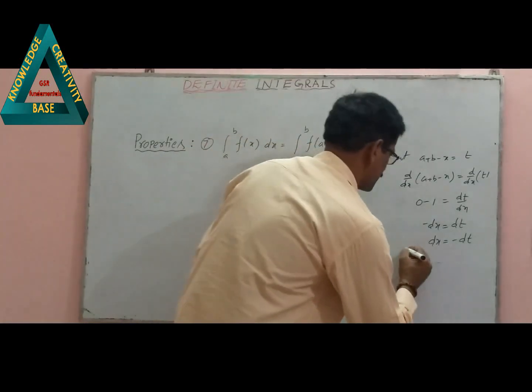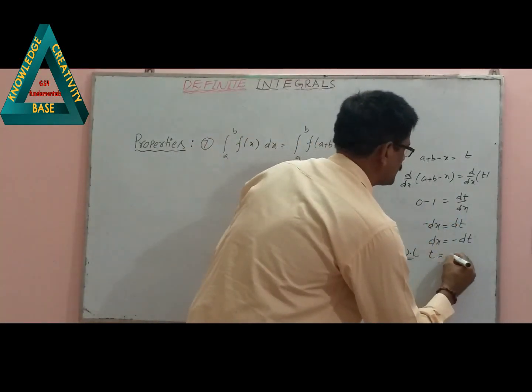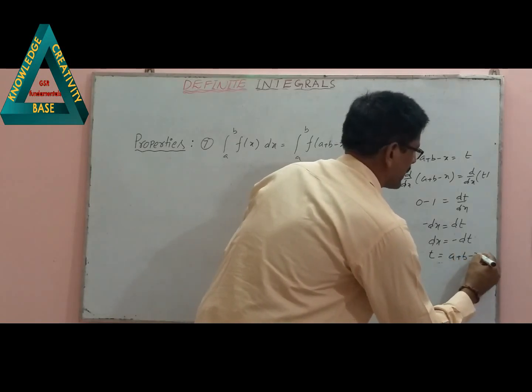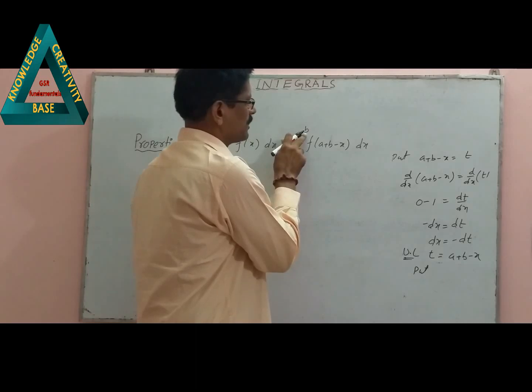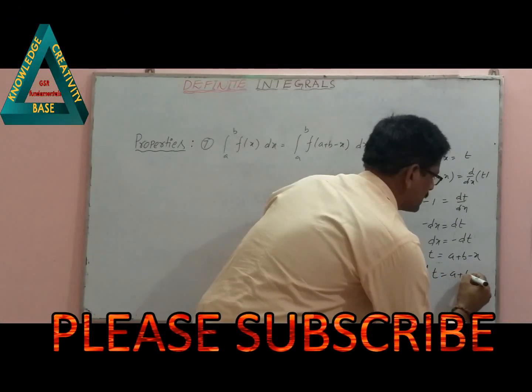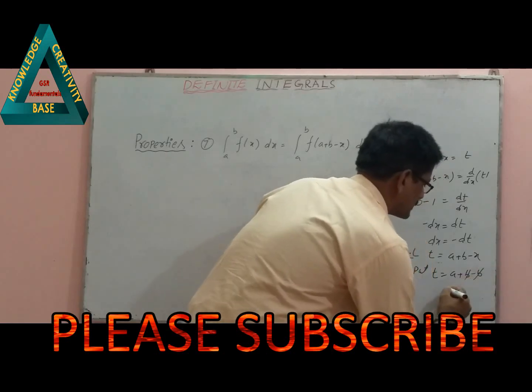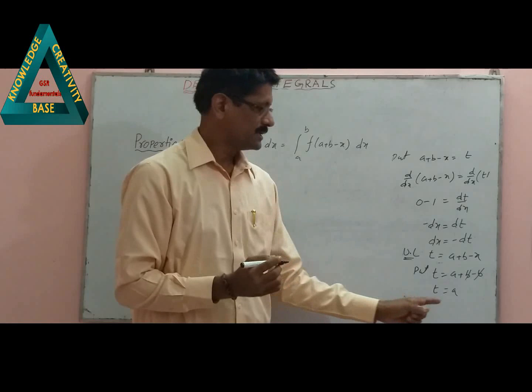Limits also change. What is the upper limit? Our substitution is t is equal to a plus b minus x. Put the upper limit in the x variable, which is b. Here t is equal to a plus b minus b. The b cancels, that is equal to a. The upper limit of the t variable is a.